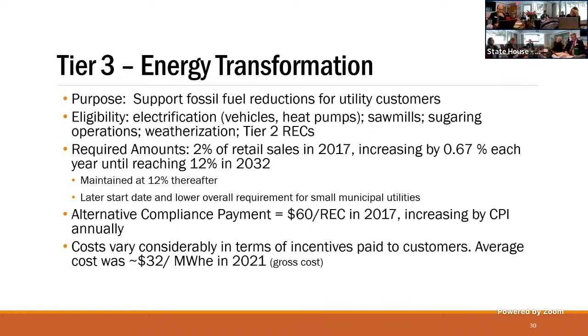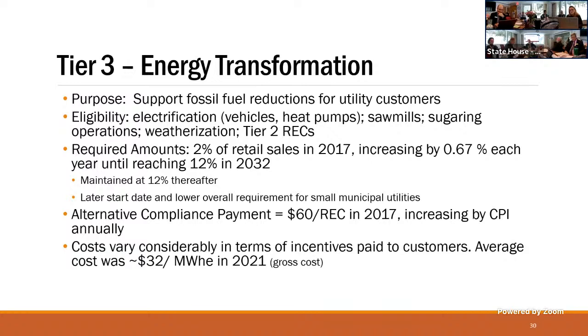Just for everybody's benefit, I forgot to mention that those tier 2 RECs, if you generated a renewable energy credit from solar, you could use that for tier 3 also. And that's been done a little bit, but it's not the primary source of credits generated.